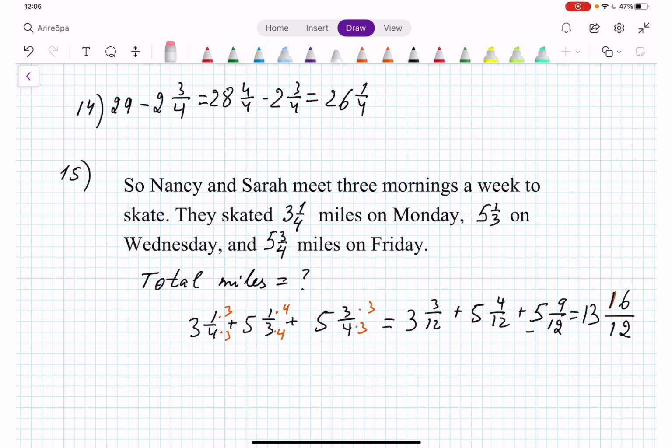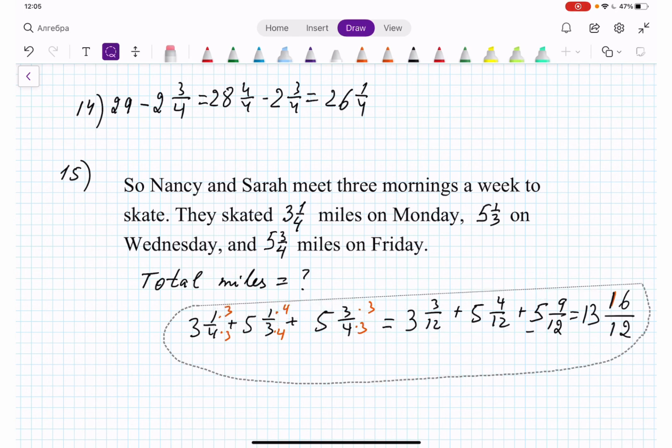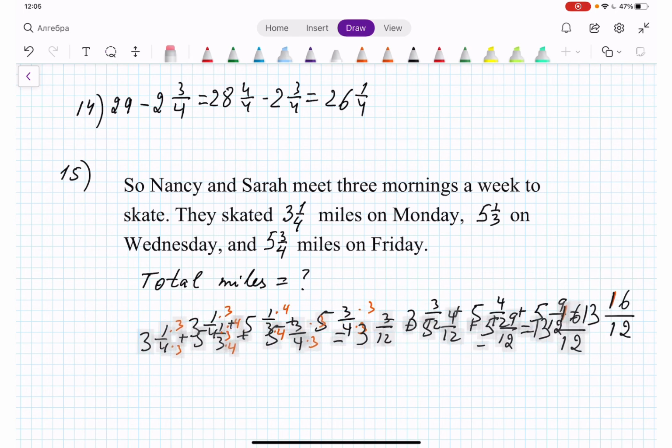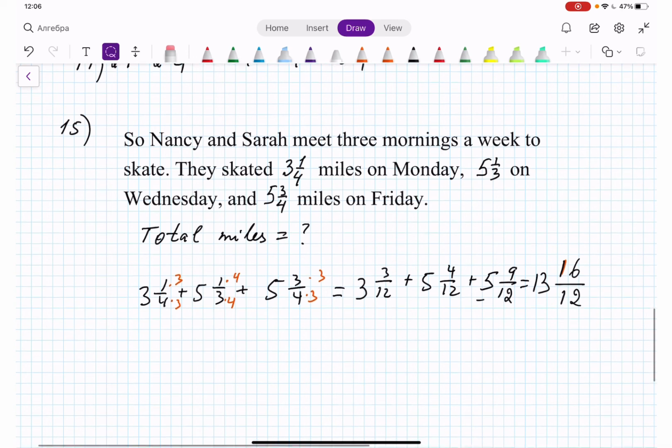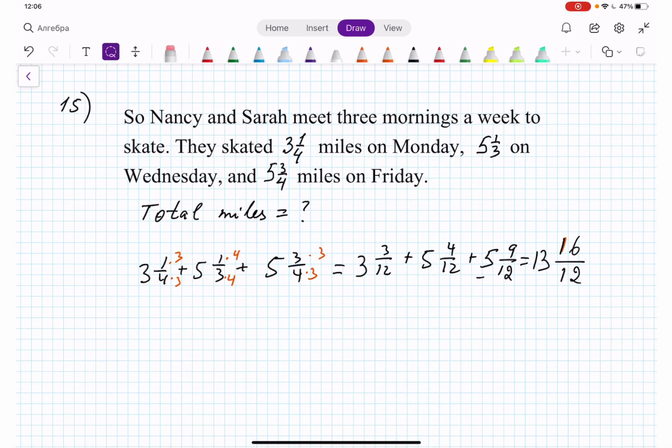16 over 12 is an improper fraction. And it is improper because the numerator is greater than the denominator. So I'm going to convert the improper fraction. 16 over 12 is going to be 1 times, right? 1 times 12 is 12, and the remainder is 16 minus 12, which is 4.